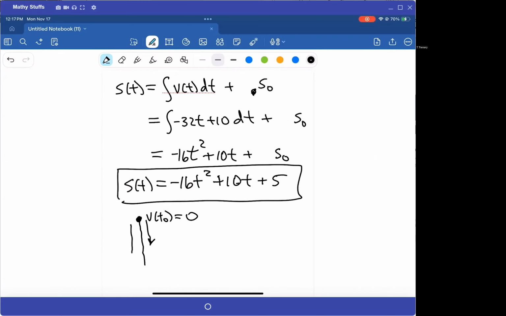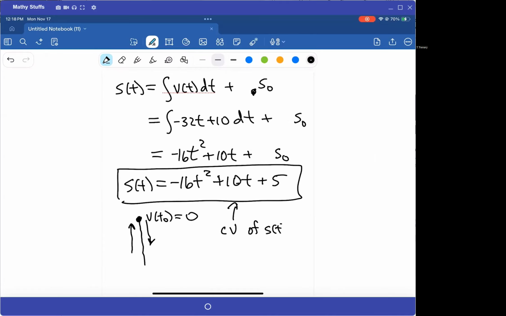So we've got a positive velocity that's decreasing up to velocity that is 0 and then becoming negative as the ball falls toward Earth.